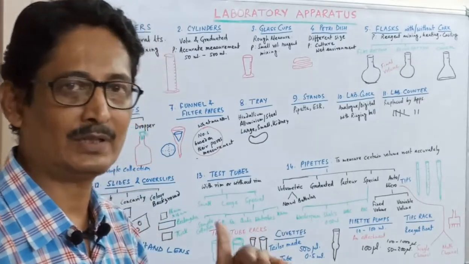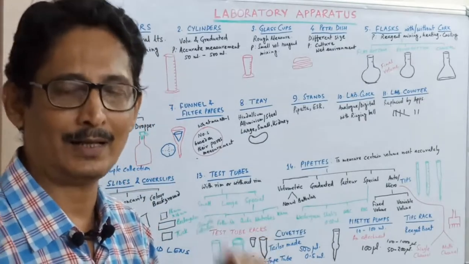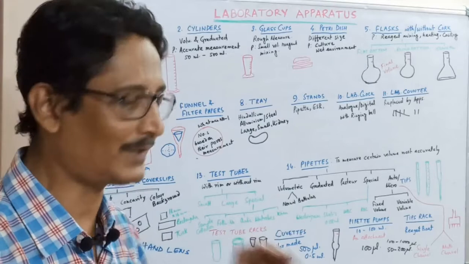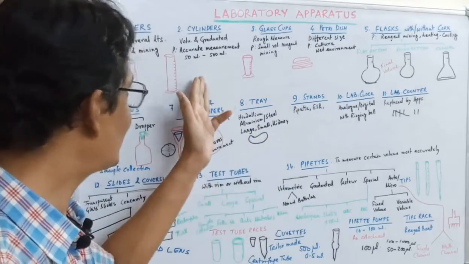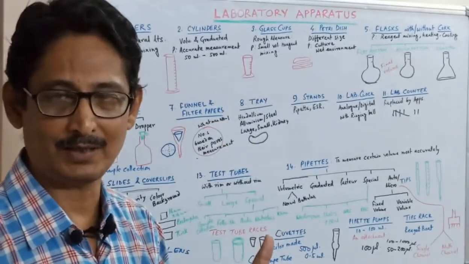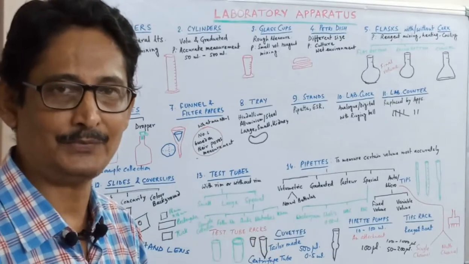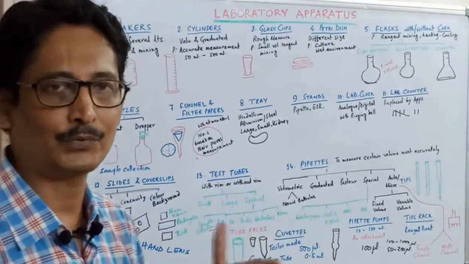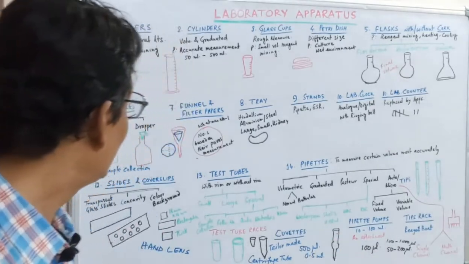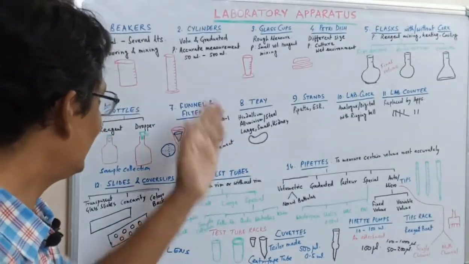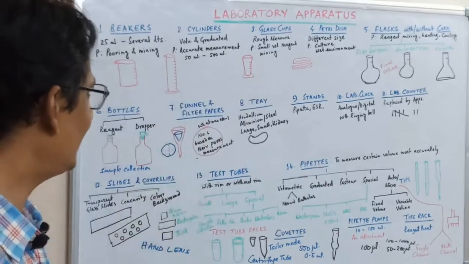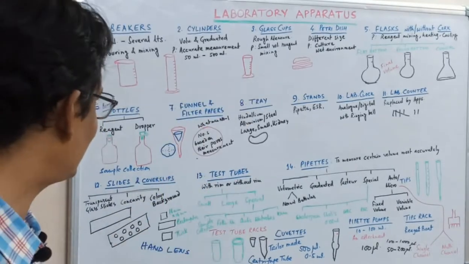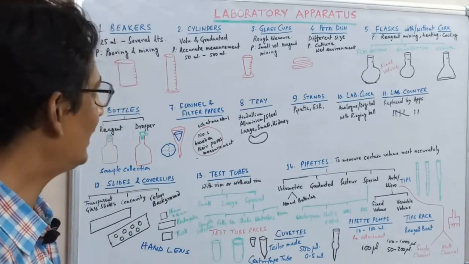Say if you take a 100 milliliter volumetric flask or volumetric cylinder, you can measure only 100 ml. But if it is graduated, you can measure any volume in between, from 0 to 100. Now, these are mainly from 50 milliliter to 500 ml. This much is required in our medical laboratory only.